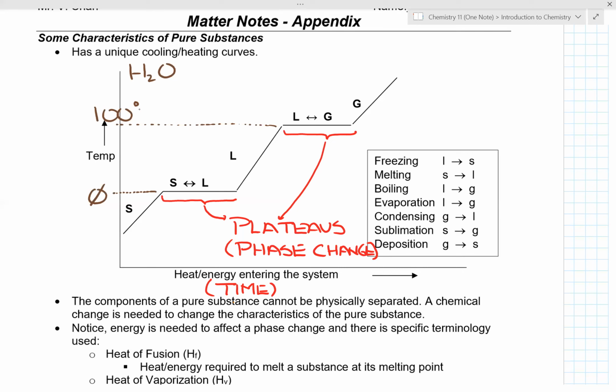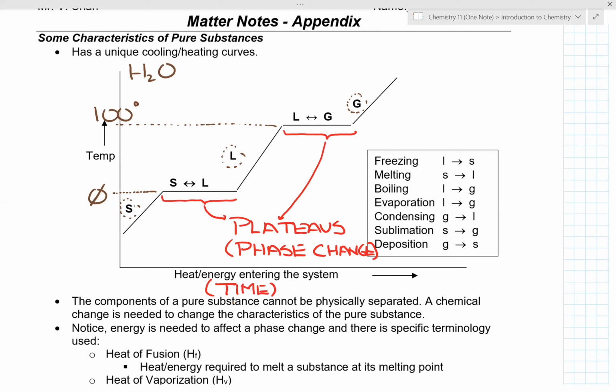Once the phase change is over, so let's say you either have gas or liquid or solid, you get the temperature increasing because all the energy is being used to excite the particles, to make the particles move faster.